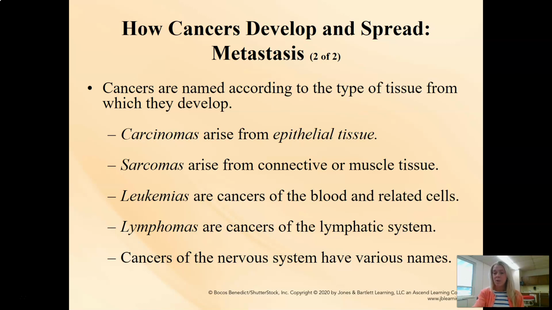Figure 13.3 on page 427 in your book shows cancer death rates according to male versus female. And one thing to note on those charts is that there is an overall decline in the rate of cancer deaths here in the United States, which shows that we're getting a little bit better at preventing and treating certain types of cancers.